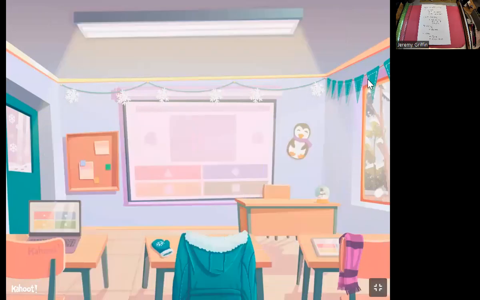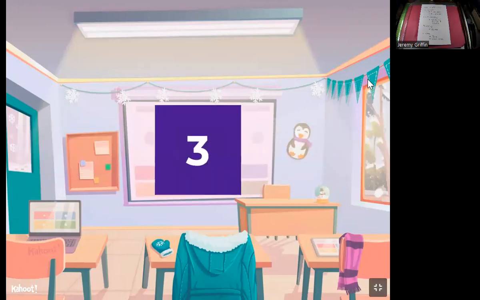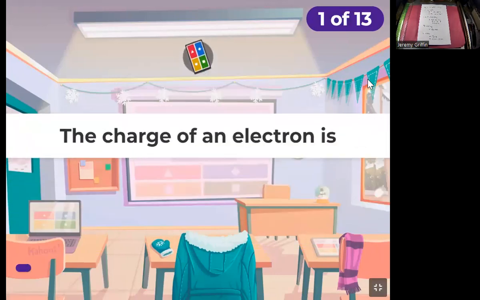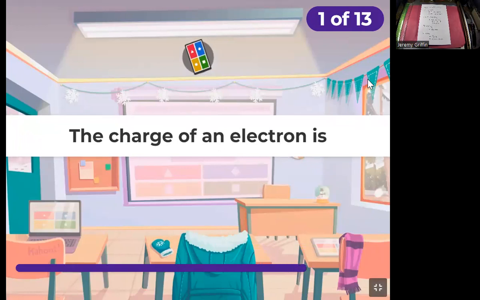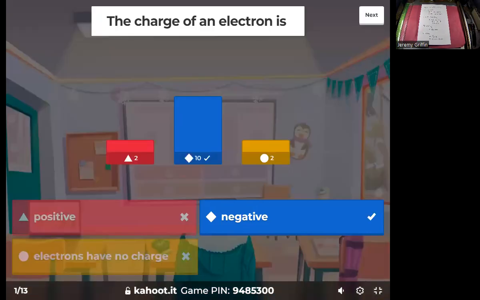Electrostatics. The charge of an electron is negative. There you go.